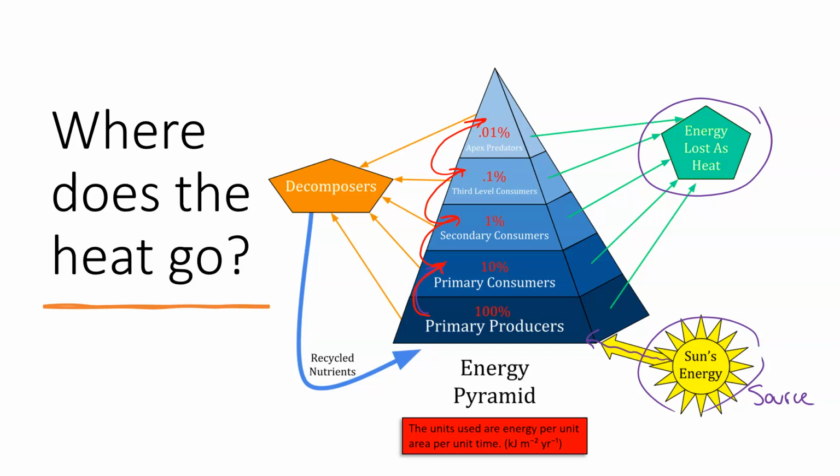There is a reason why trophic levels and food chains can only be 5 trophic levels long, and that is because by the time you get to the 5th trophic level, the amount of energy available to those organisms is 1/100th of a percent of all of the energy available to that food chain when it enters the first trophic level, right? So of 100% of energy available at the primary producer level, only 1/100th of a percent will actually reach the apex predator.